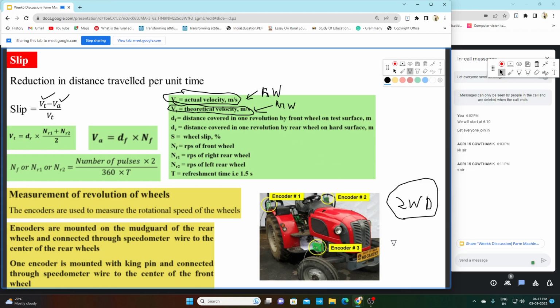That is why we are using one encoder for front wheels, and two encoders for rear wheels. Your question will be, why two encoders for rear wheels? If we are using two encoders, then we should also use two for front wheels, but actually front wheels are towed wheels, so both these wheels are traveling at the same velocity, but rear wheels are powered wheels.